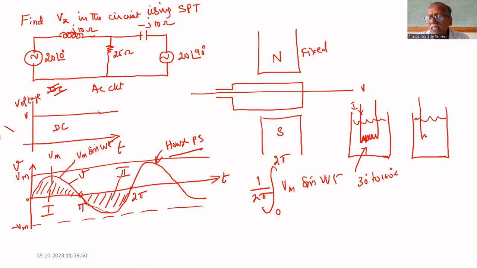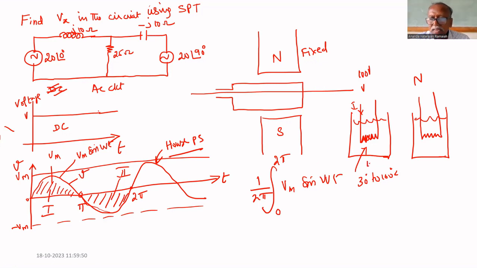Here, I am using the same resistance, but here I am giving AC. I do not know the value of AC, but I know the value of DC, that is, say 100 volt. 100 volt DC I am giving, but I do not know the AC value.